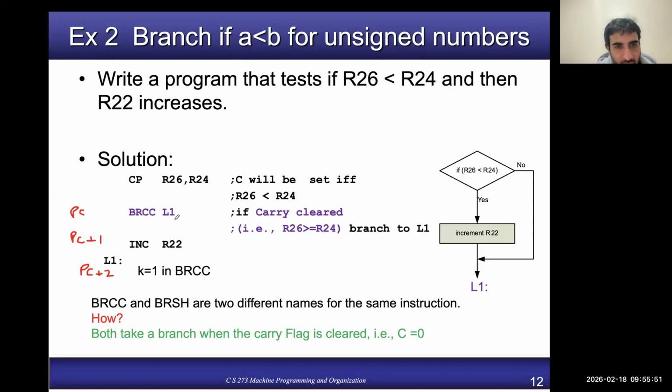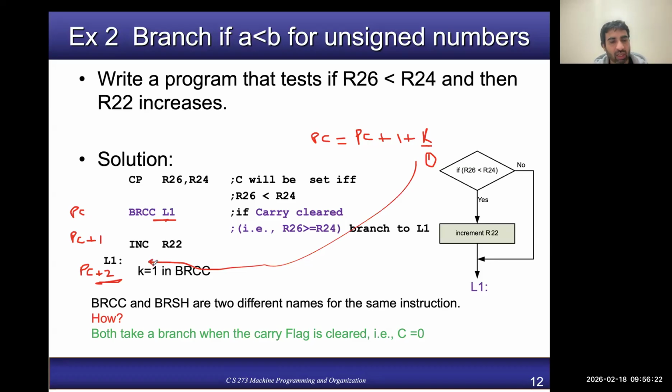So if this branch is taken, the new value of the PC will be set equal to PC plus 1 plus K. What should be the value of K so that it becomes equal to 2? It should be equal to 1, right? So it becomes PC plus 2, so that it points to the instruction pointed to by the label L1.